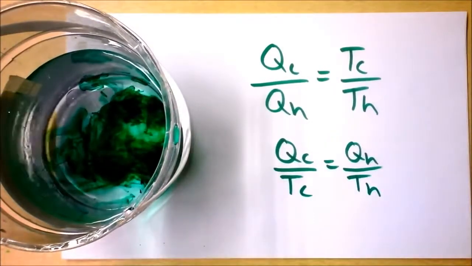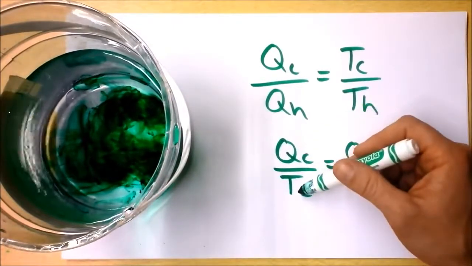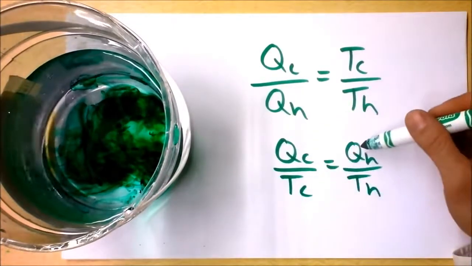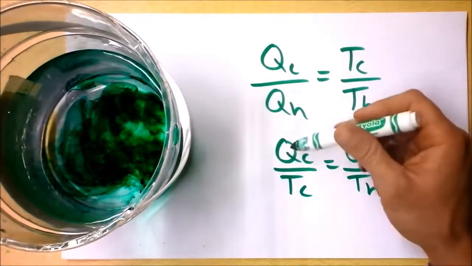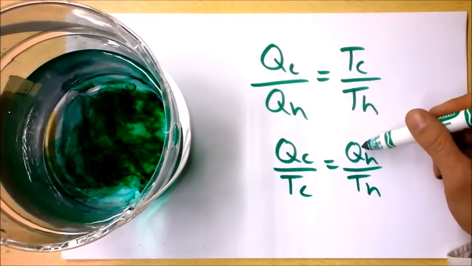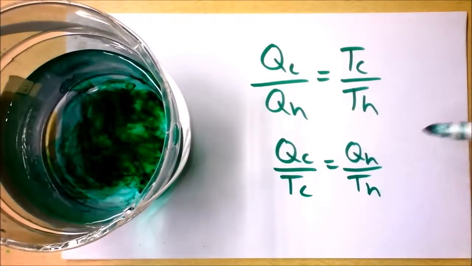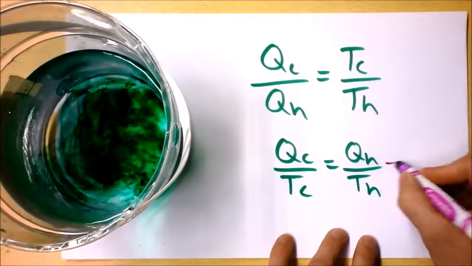Let's take a moment and talk about what this means. This means the heat leaving the cold reservoir divided by the temperature of the cold reservoir has to equal the heat leaving the hot reservoir divided by the temperature of the hot reservoir. So these things are a constant.